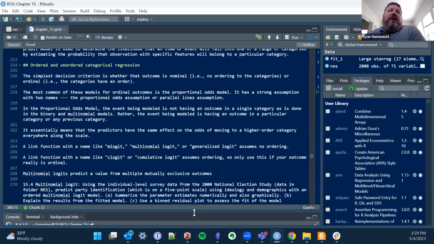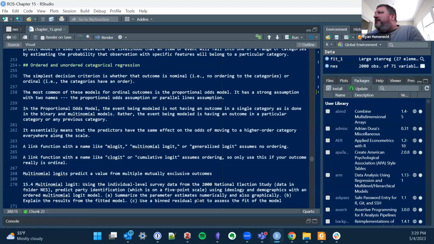But there are people in certain areas of statistics who do probit religiously. So I guess we need to get into this more, but that's fine. There's also not that much coverage of probit models in this chapter. I've never really run into them.